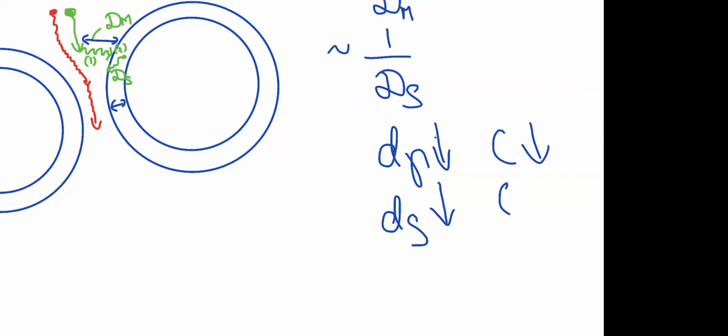And therefore, again, the peak broadening due to the resistance to mass transfer is smaller when we have a less thick layer of stationary phase in our column or on our column particle.